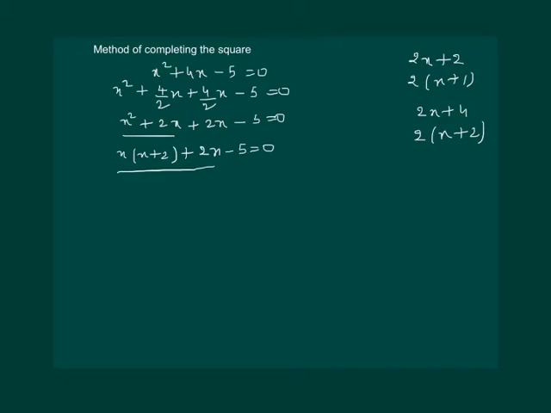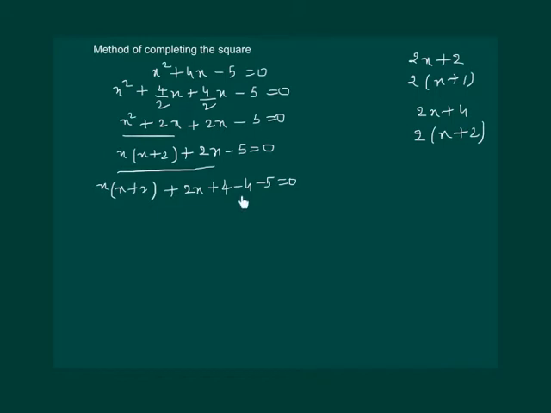But I cannot add anything in the equation. If I do so, then I have to subtract it. That means we rearrange our equation as x into x plus 2, plus 2x plus 4, minus 5 equal to 0.